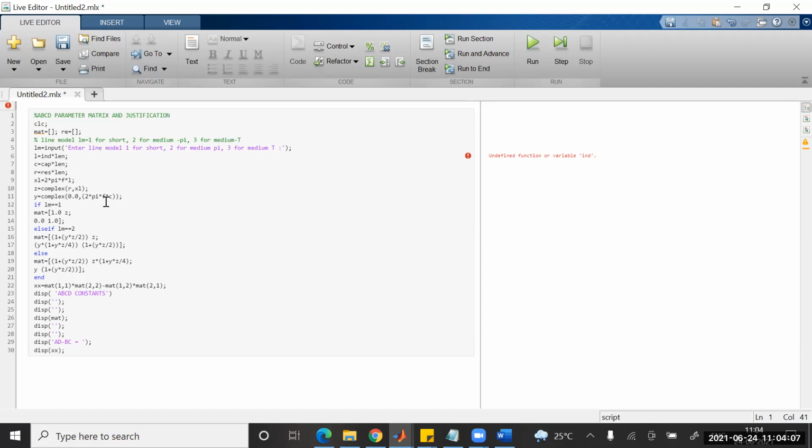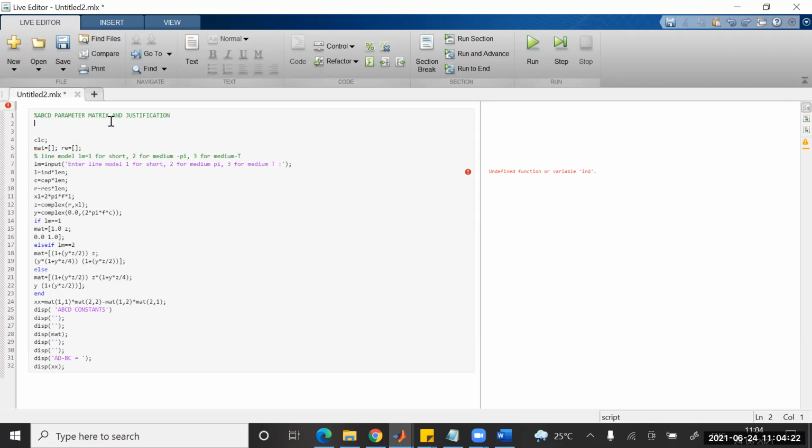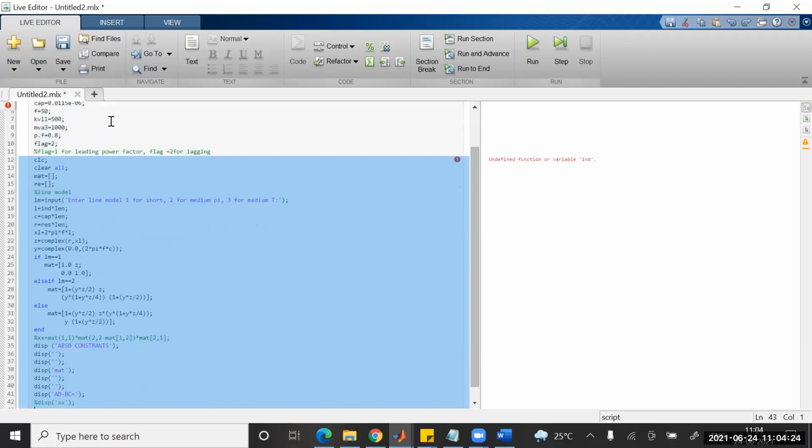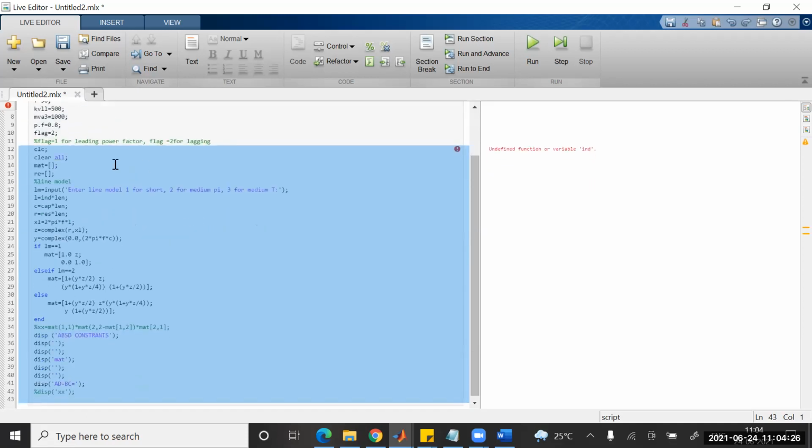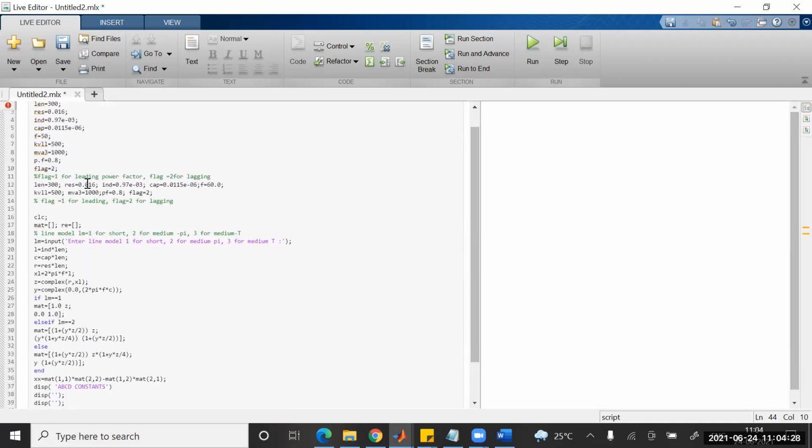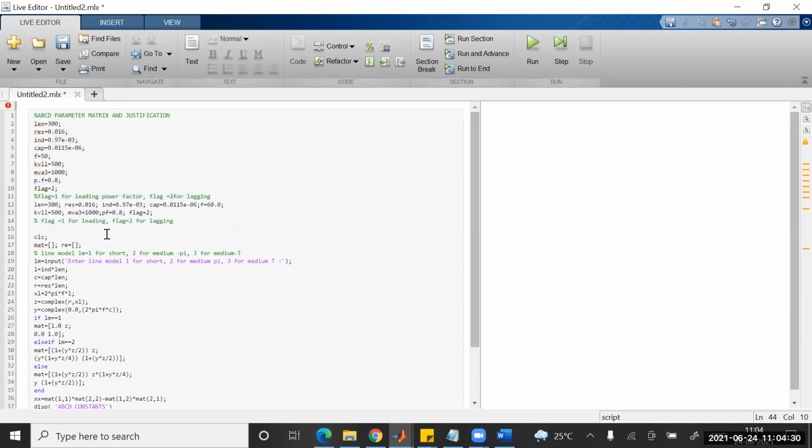Okay, undefined function. Okay, let's run now and see what is happening.